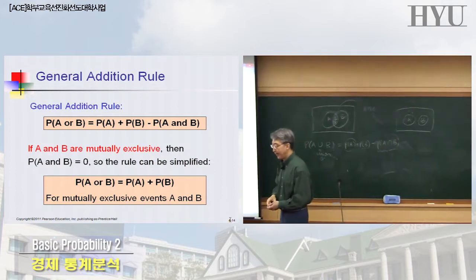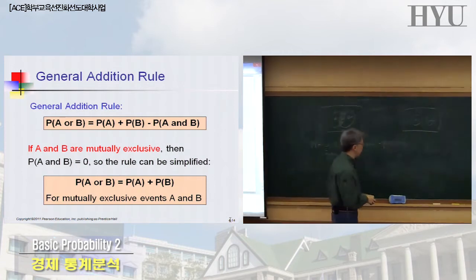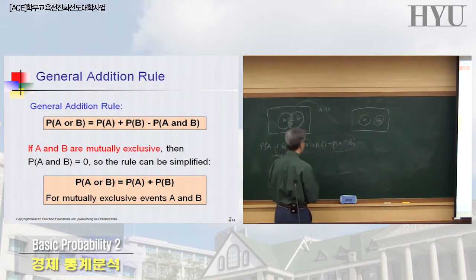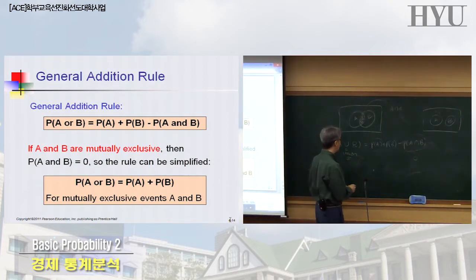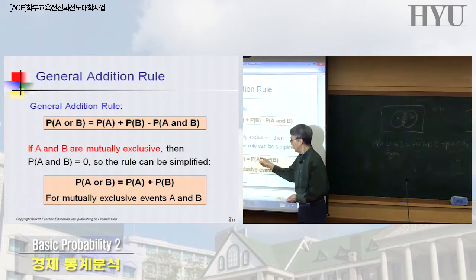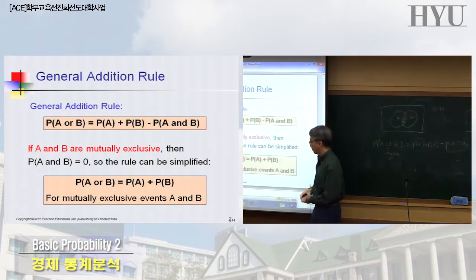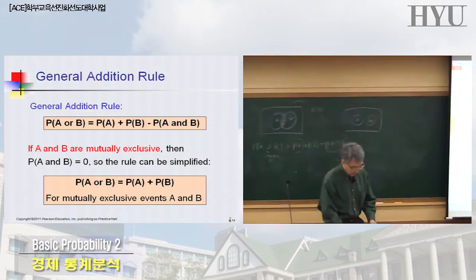In other words, there is absolutely no chance, no probability that both events will occur at the same time. So in that case, obviously this is 0 because there is no overlapping portion. So the union A or B simply becomes PA plus PB, for mutually exclusive events.